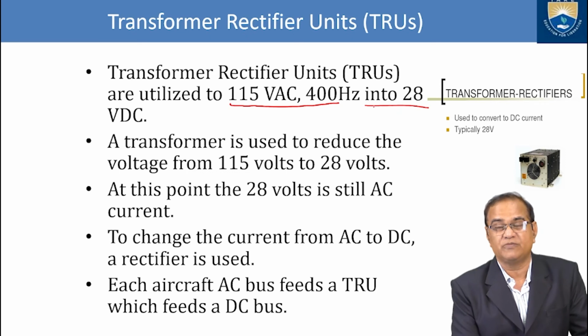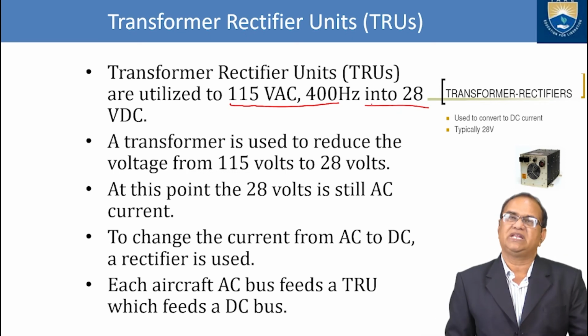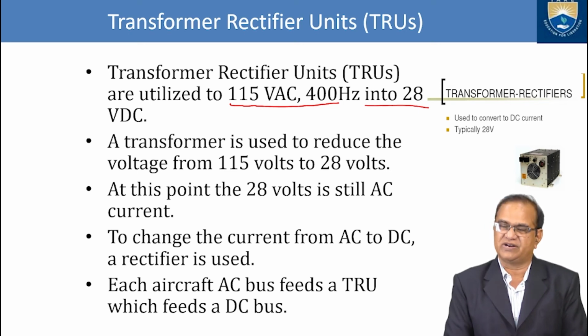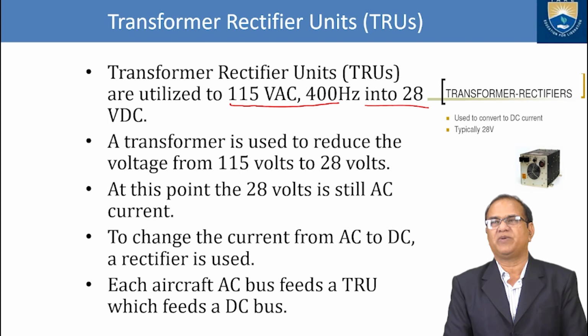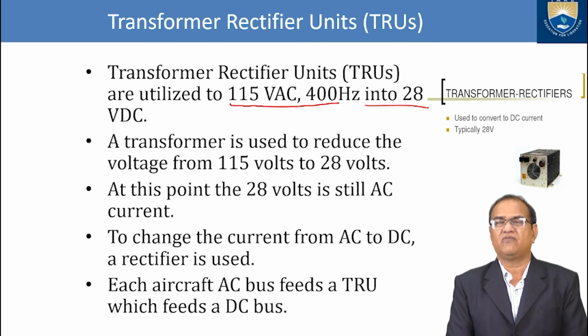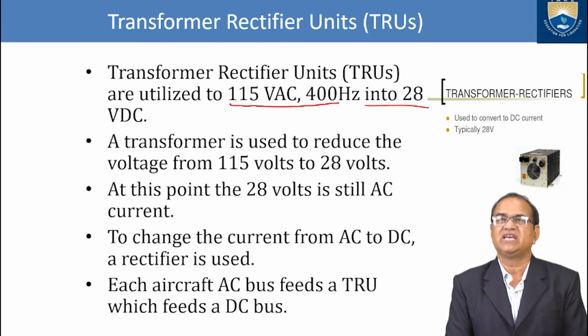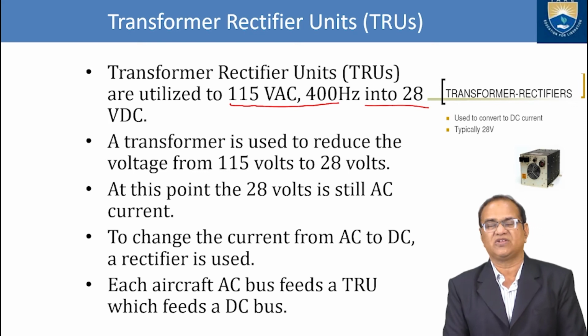And why do we do so? Because in aircraft, not every component is operated at 115 volt AC or 400 Hertz. There are a few pieces of equipment like radio communication that use 28 volt DC. So we need some equipment which can convert from AC to DC as per the requirement. The machine or the system which converts from AC to DC is called the transformer rectifier unit.